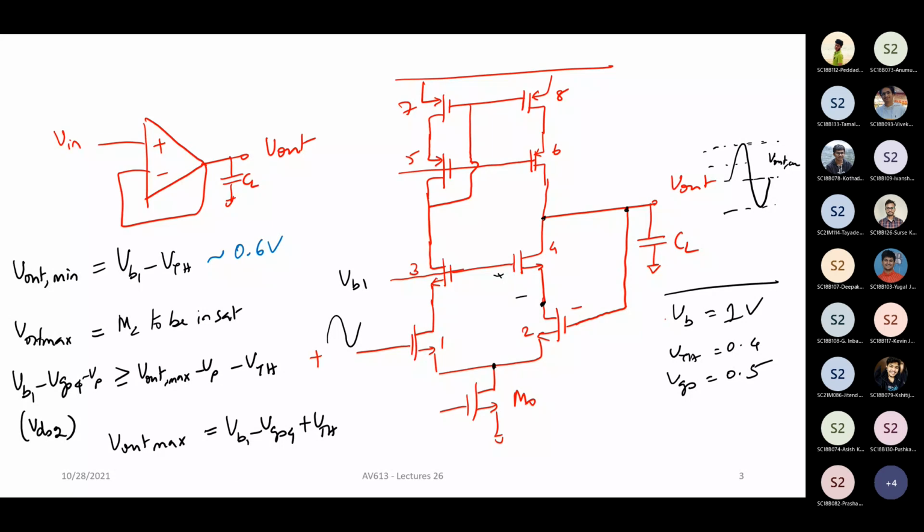And what does V out max become? This is 1 minus 0.5 plus, sorry, 0.4. So this is 0.9. So basically between 0.6 volt and 0.9 volt only this will work. If you want a little higher range, you need to increase your VB1, but then again it starts affecting the other things. So this telescopic cascode is a, yeah.